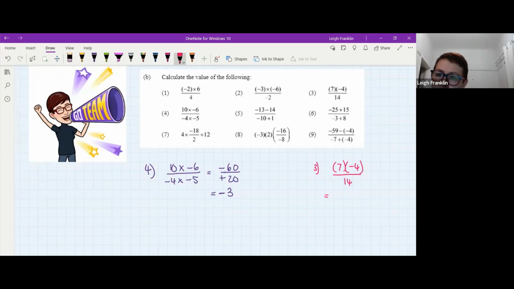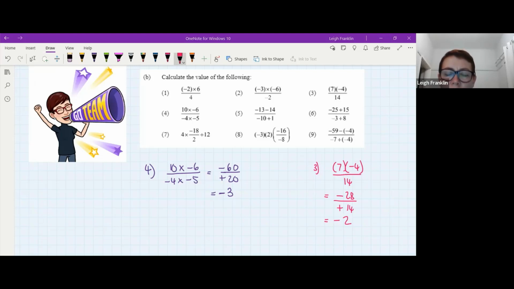Absolutely. Okay, so 7 times -4 is -28. And if you take -28 and you divide it by +14, a negative divided by a positive is a negative. And 28 divided by 14 is 2.